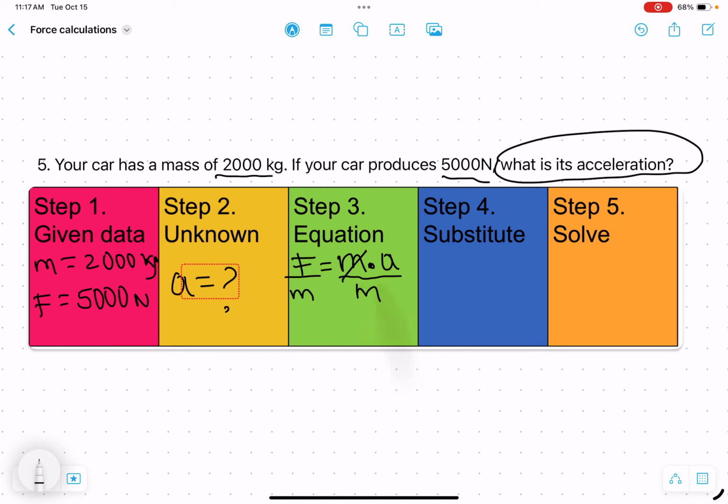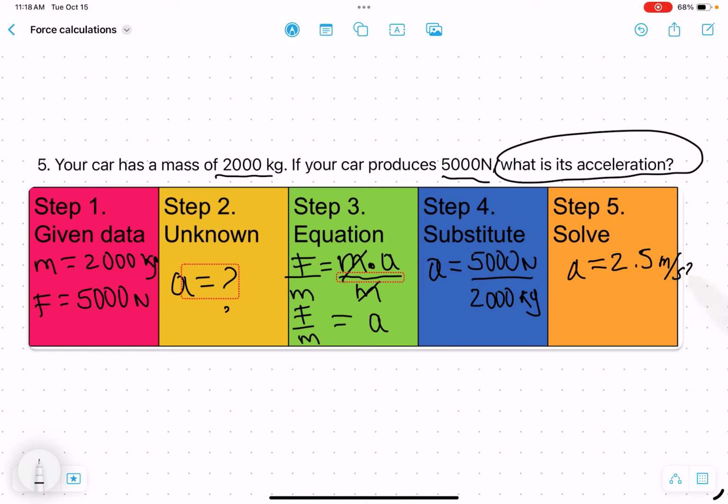Okay, so you divide by M, so M goes with M. Now we have the A by itself, so F over M equals A. Now we substitute, so A equals force, which is 5,000 newtons over 2,000 kilograms, which is the mass. So how much is 5,000 divided by 2,000? That is 2.5. And what are the units for acceleration? Again, meters per second square.